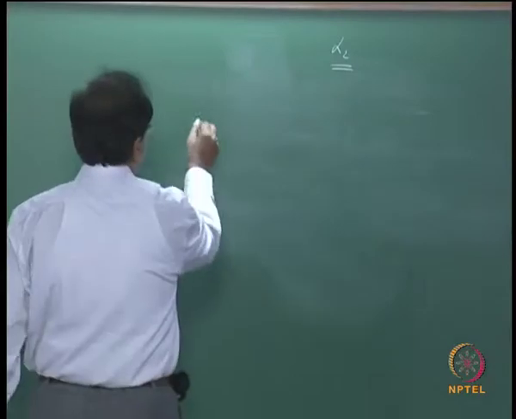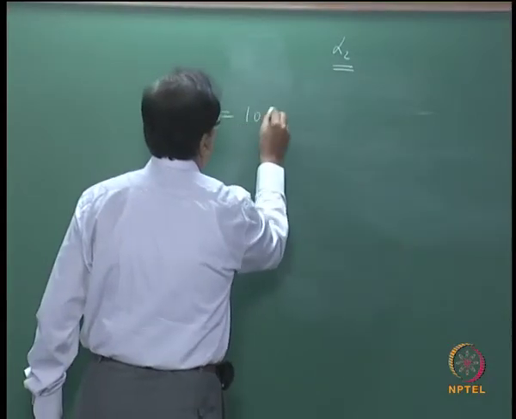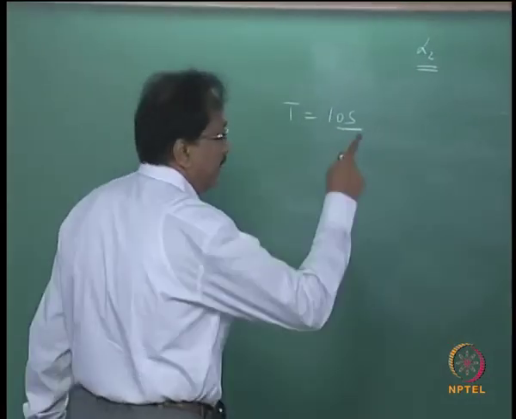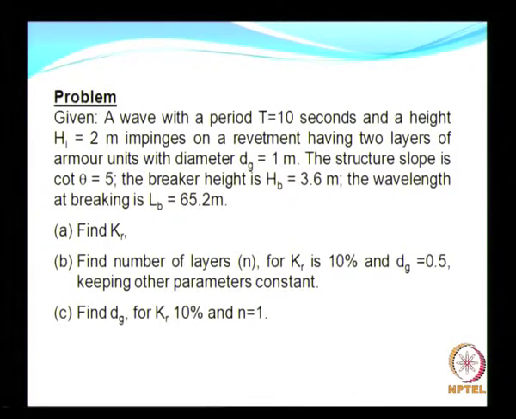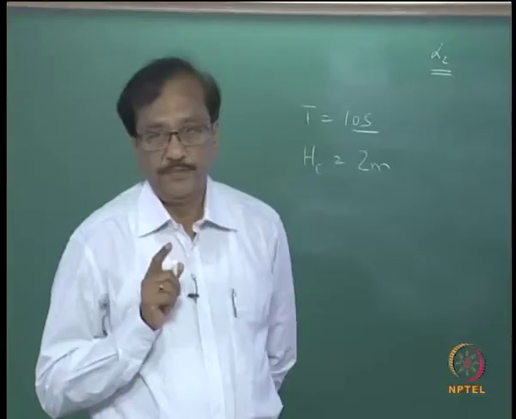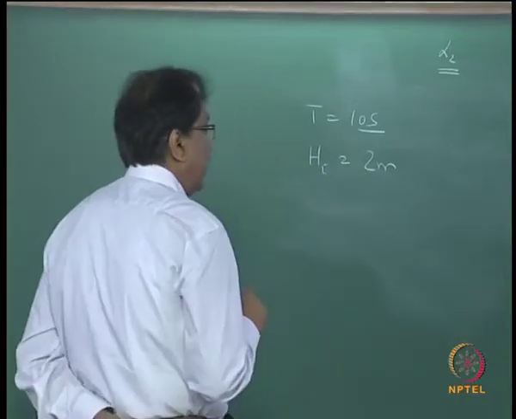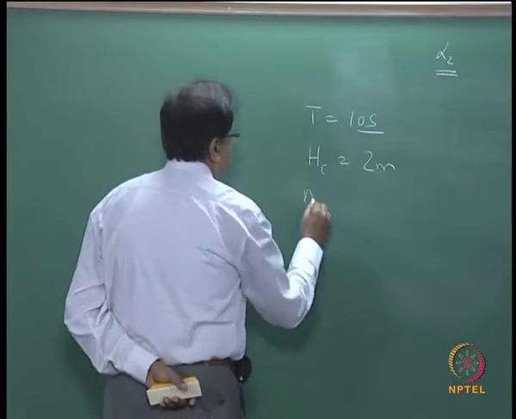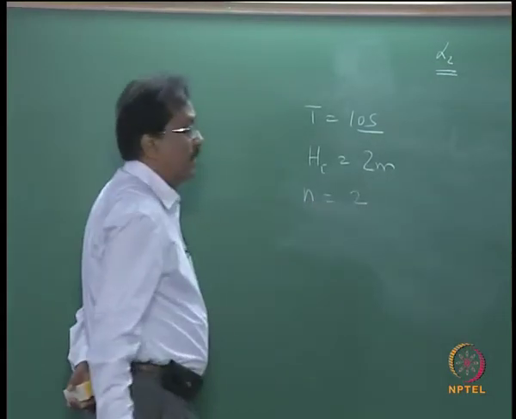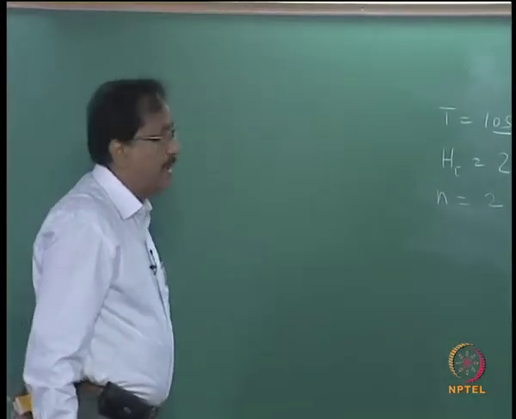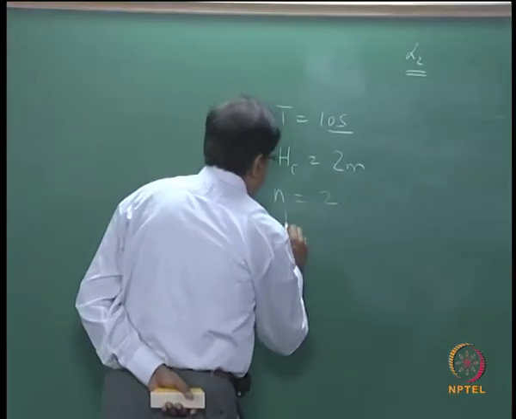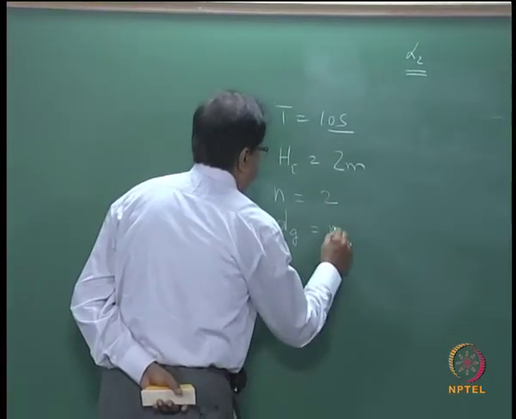T equal to 10 seconds, that is, a wave with a period of 10 seconds and a height hi equal to 2 meters impinges on a revetment having 2 layers, n equal to 2, and dg is also given as 1 meter.